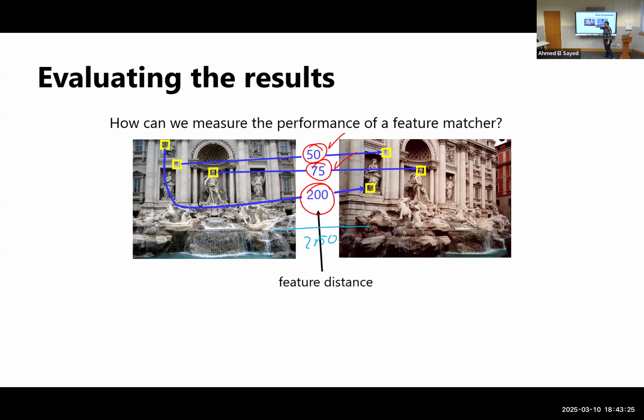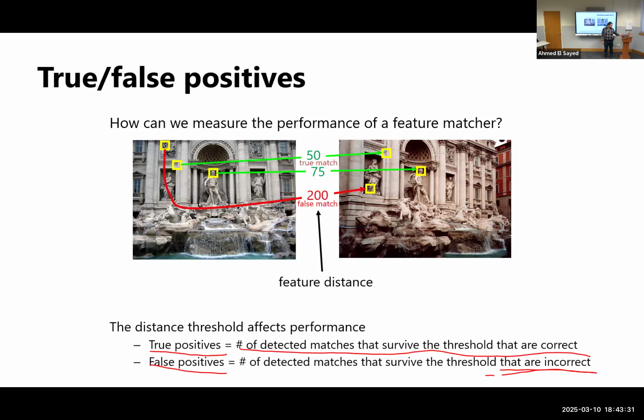For this threshold value, I will go and measure the true positives versus the false positives. Then I will find the ratio of them, the rate of them. Here as an example, I have the total number of points as 3. 2 of them match. So I have a 2/3 true positive rate.